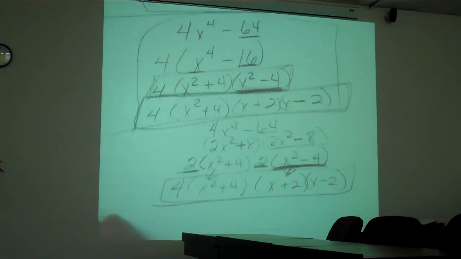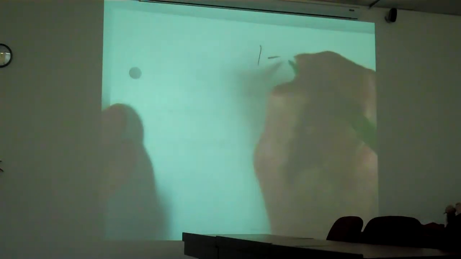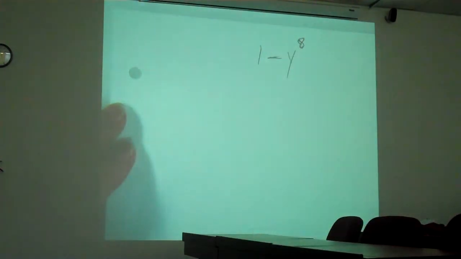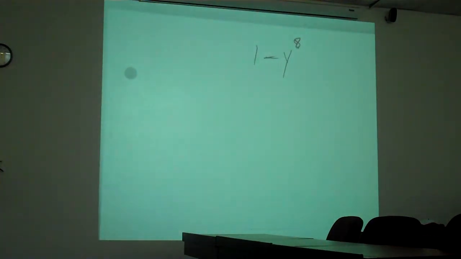Let's do another one that might take a little extra factoring. 1 minus y to the 8th. 1 is a perfect square, right? 1 times 1. Y to the 8th, is that a perfect square?